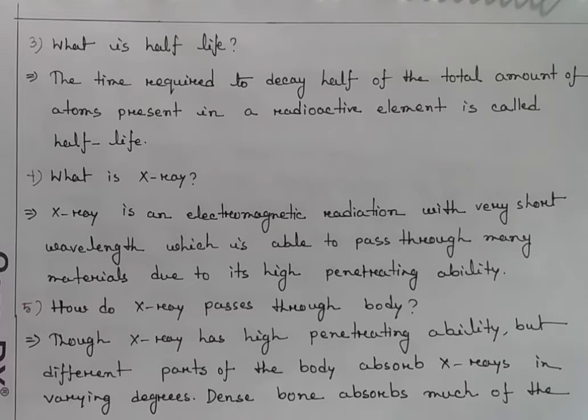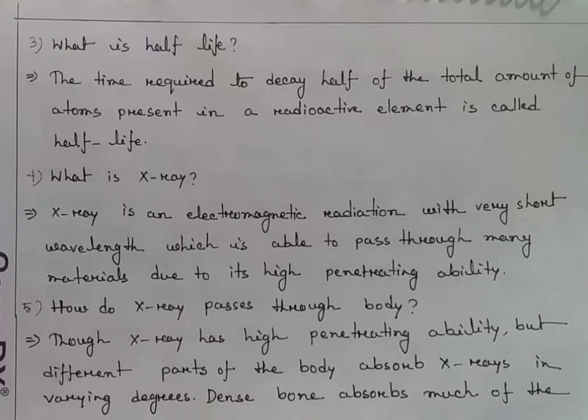Different parts of the body absorb X-rays in different proportions, because all organs of our body are not of the same density or material. So according to the density of our body elements, different parts of the body absorb X-rays in different proportions.